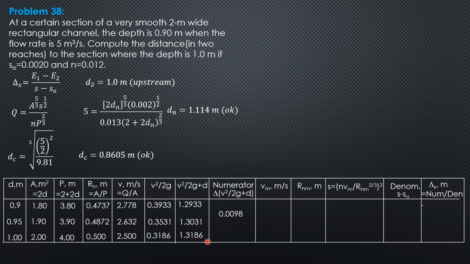Then the difference here, 1.3186 minus 1.3031 is 0.0155.